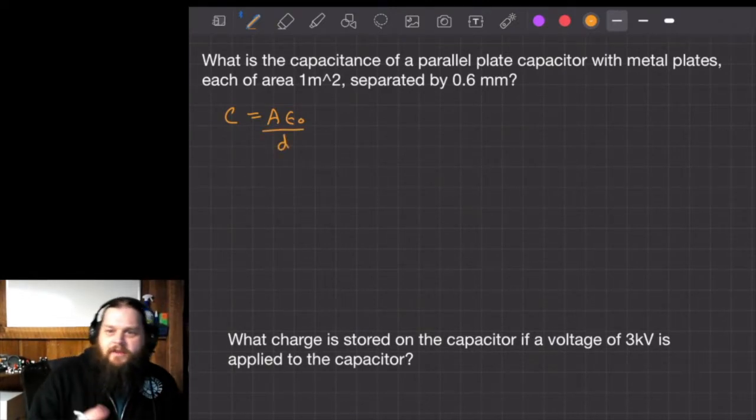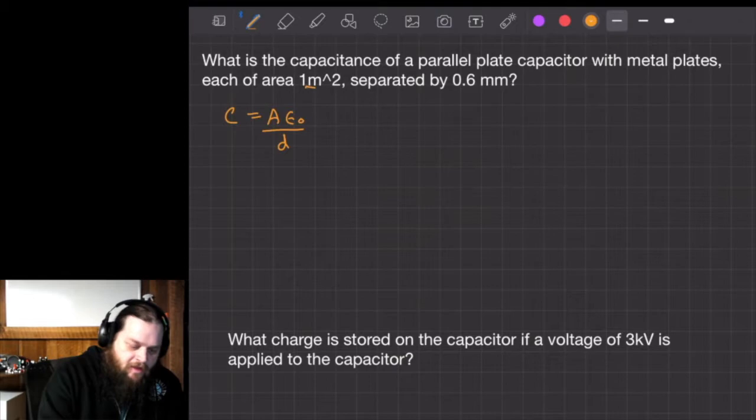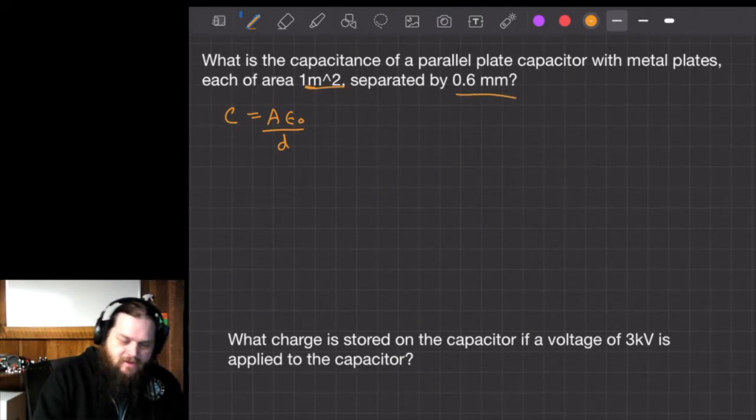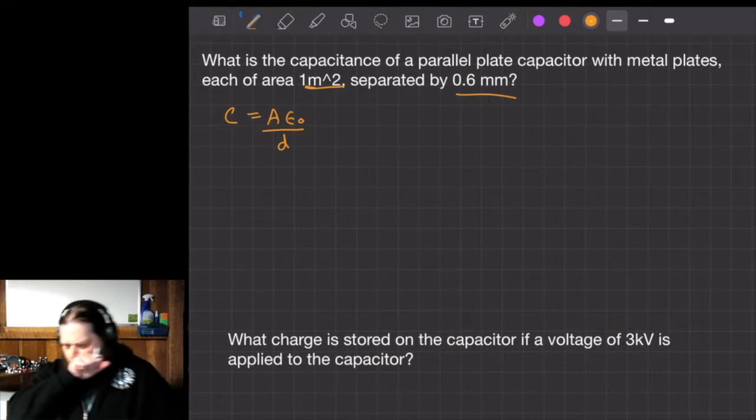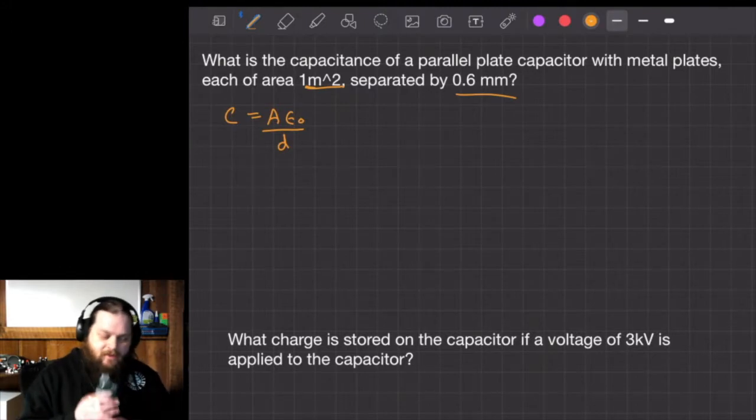That's our definition of a capacitor, right? It's only determined by the area and the distance between them. So just plugging in these numbers, 1 meter squared, 0.6 millimeters, we could determine the capacitance of this.